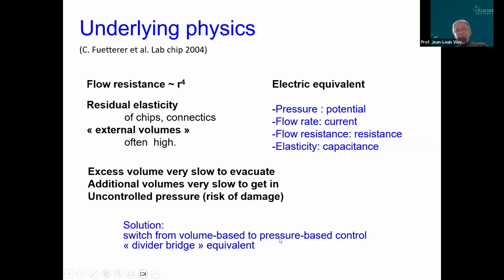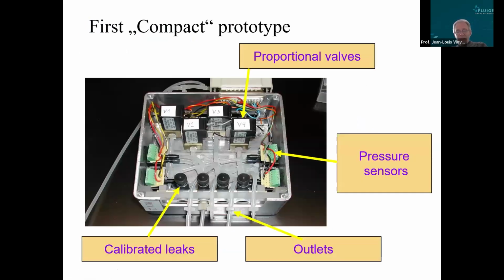When you have this problem of high flow resistance and high capacitance, you use a potential-based system and a divider bridge configuration in which these extra electrons are evacuated by a secondary source. So essentially what we did is a system in which we made a pneumatic equivalent of this divider bridge.